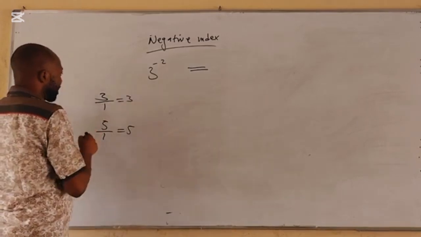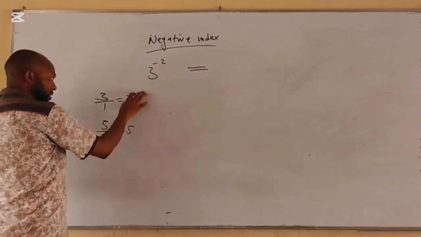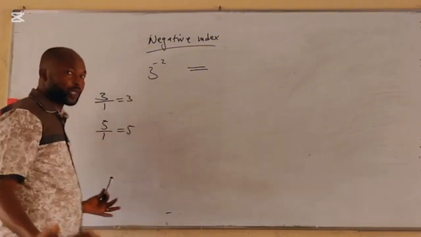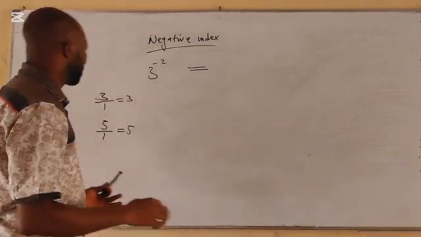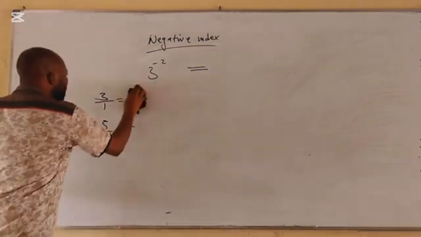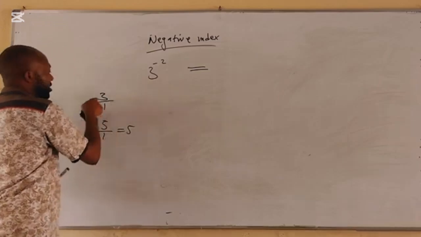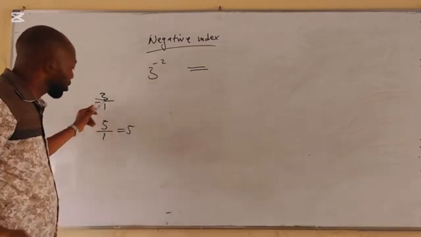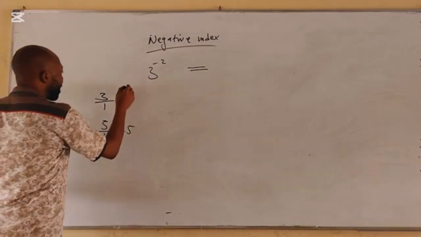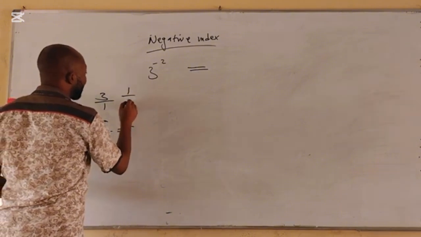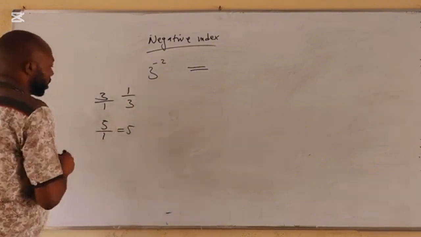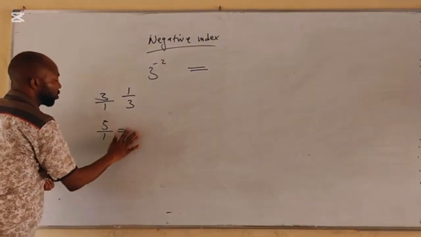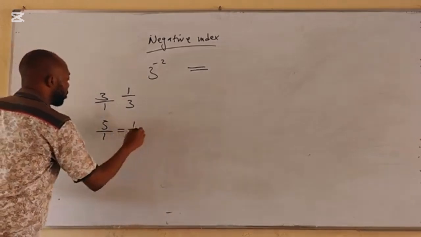So now, if this is the same thing as 3 over 1, what is the reciprocal of this number? The reciprocal becomes 1 over 3. Okay? So this one now, the reciprocal is 1 over 5.